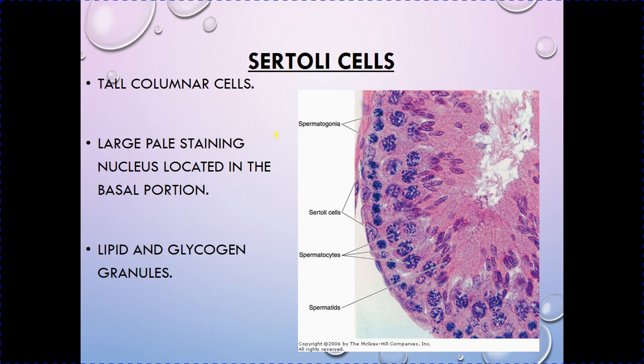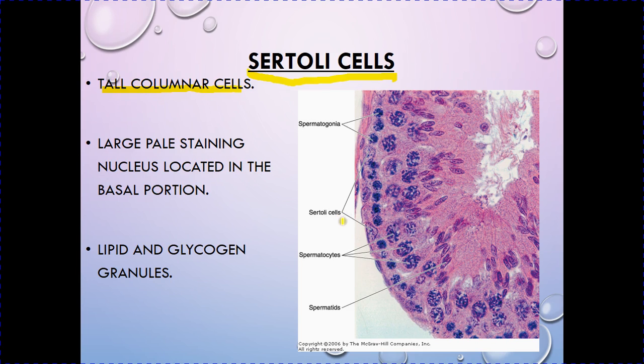Now we are moving to the next type of cells which were present in this epithelium. They are called Sertoli cells. Sertoli cells are also called sustentacular cells. These are tall columnar cells which are present between the spermatogenic cells.